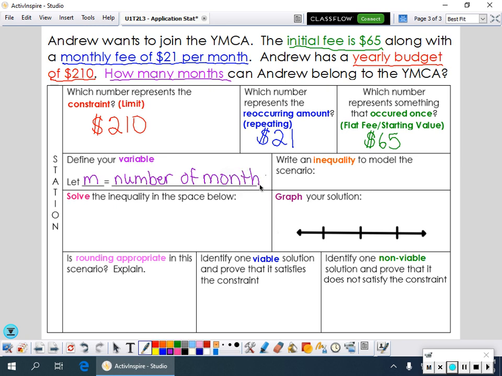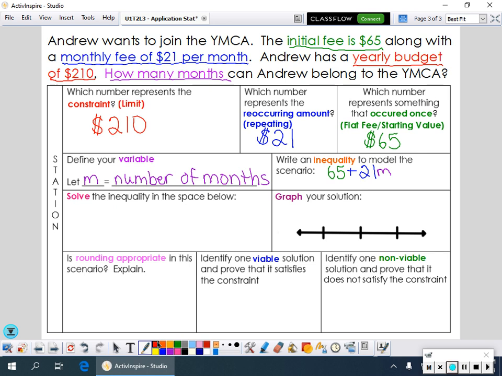When it comes to writing this inequality, we want to take all this information into account. Andrew has to pay a one-time fee of $65 and he's going to pay $21 every month. We don't know how many months it is, so I'm going to use the variable M. $21 times however many months he belongs to the YMCA.